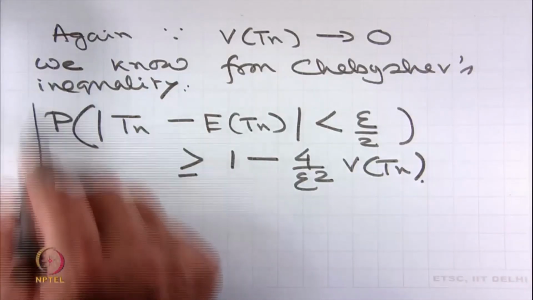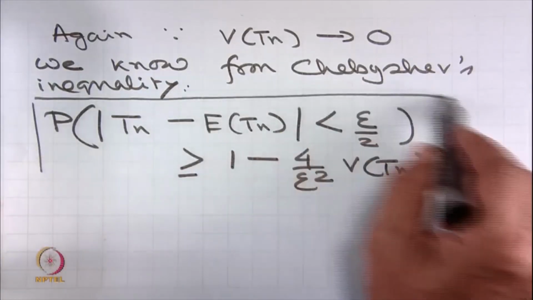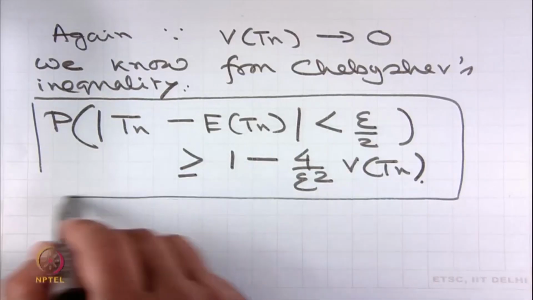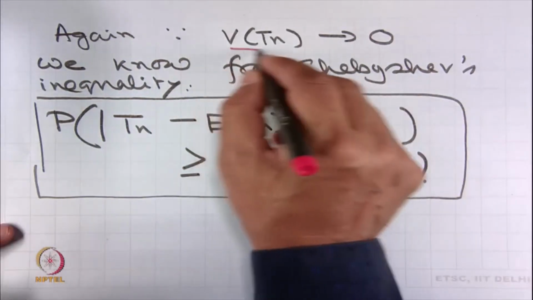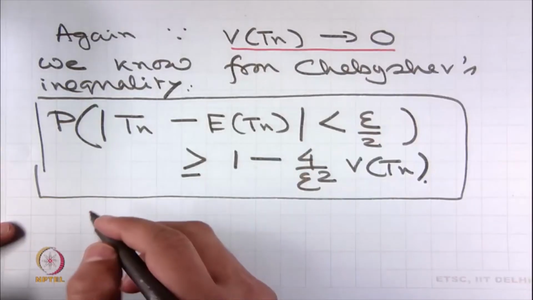This is known because of Chebyshev's inequality.